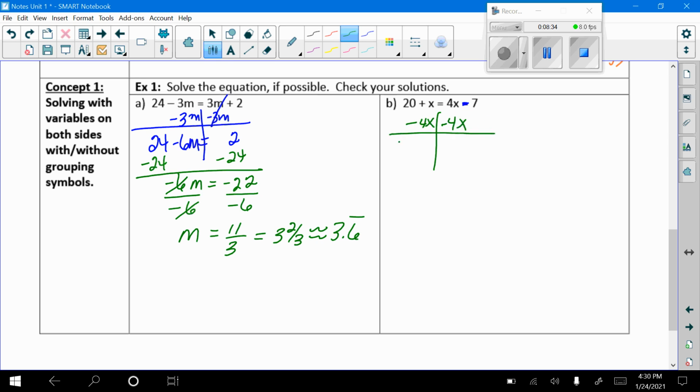There we go. So 20 minus 3x is equal to negative 7. Take away 20 from both sides. Now we have negative 3x equals, bring it on down, negative 27. Divide by negative 3 on both sides. x is equal to 9.